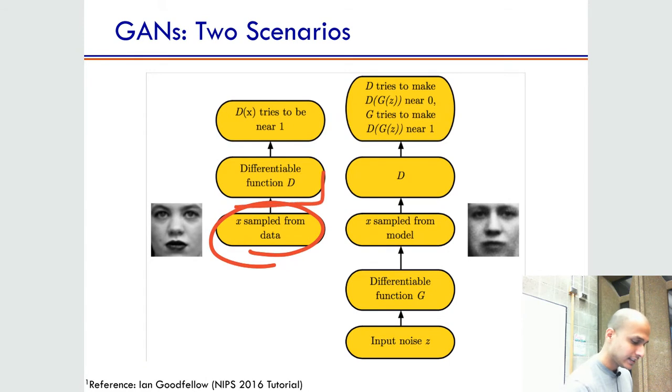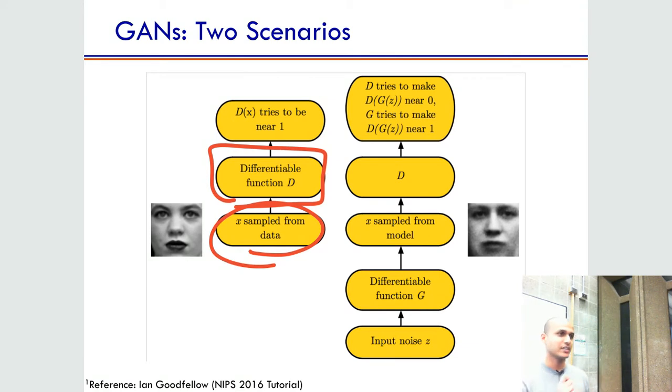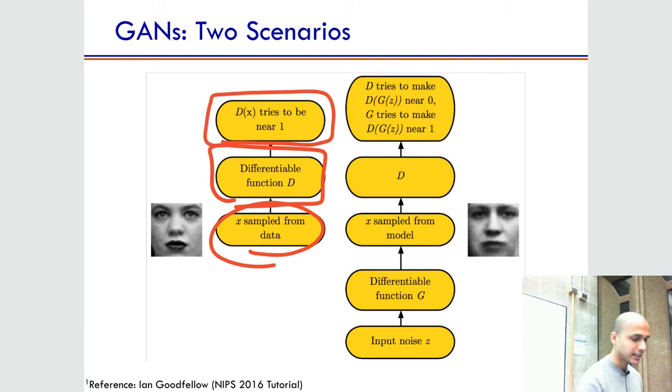There is a function which, given this observation from the data, will try to evaluate to a number which is close to 1. This function D is called a discriminator, but basically, given a sample from my actual, real data, it will evaluate to a number close to 1. So for all my data in my corpus, it will try to evaluate to 1.